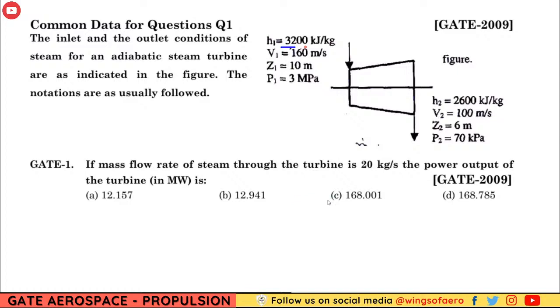See, here they have given 3200 kilojoule per kg. Here also the same.